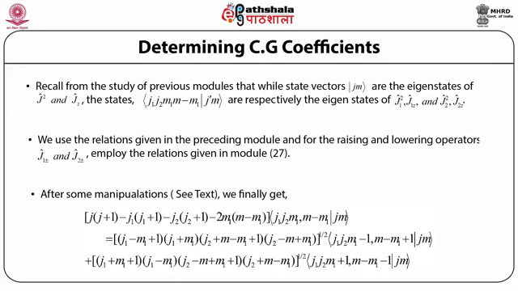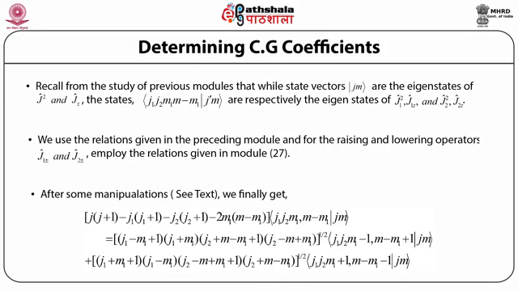[j(j+1) - j1(j1+1) - j2(j2+1) - 2m1(m - m1)] times bra j1, j2, m1, m minus m1, ket jm.